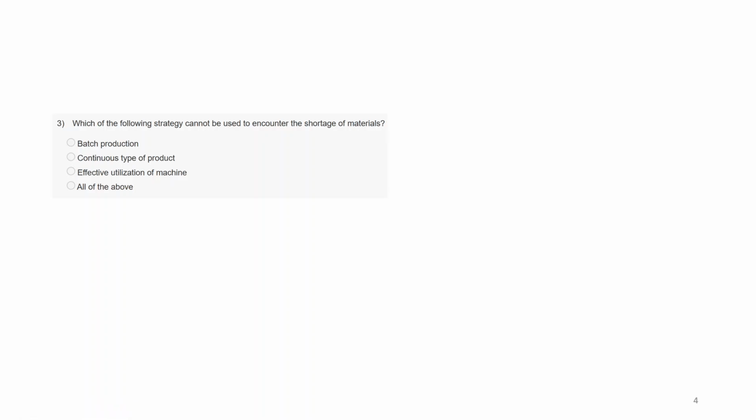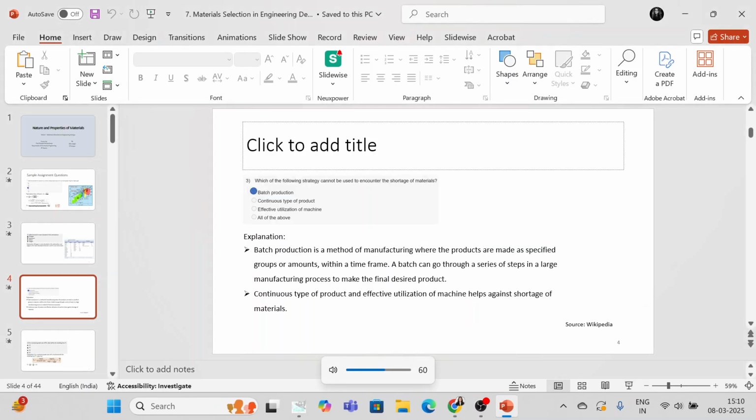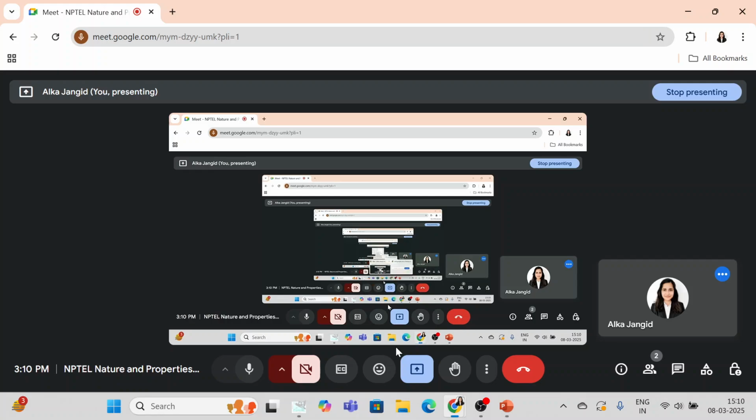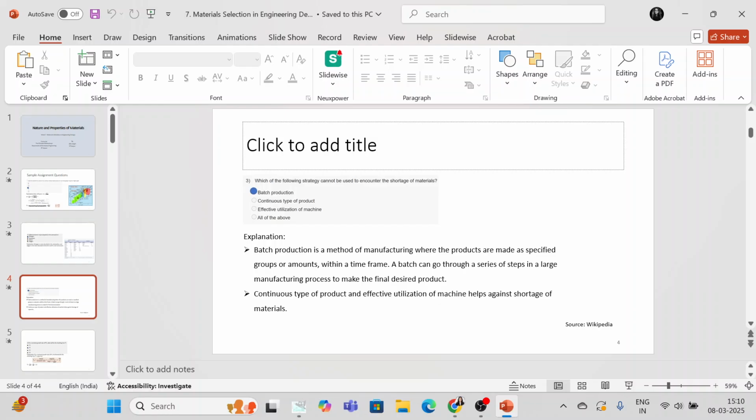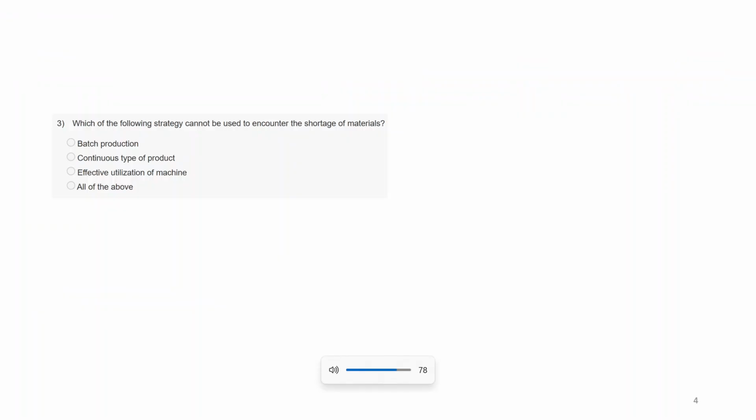Next question is, which of the following strategy cannot be used to encounter the shortage of materials?